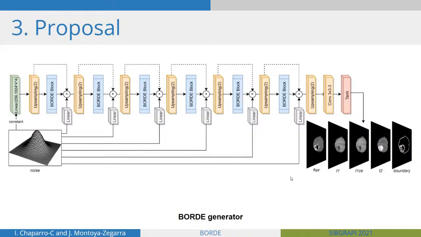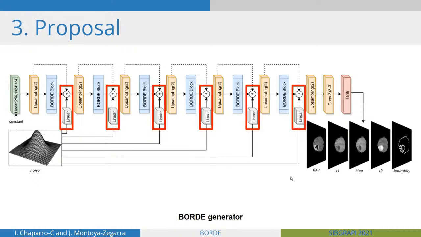Our generator relies on a decoder architecture built by Borde blocks. At each stage, the feature maps are first upsampled. Noise is injected into the model in two different ways: a constant Gaussian noise and a different auxiliary input in the form of per-channel noise scaled vectors.